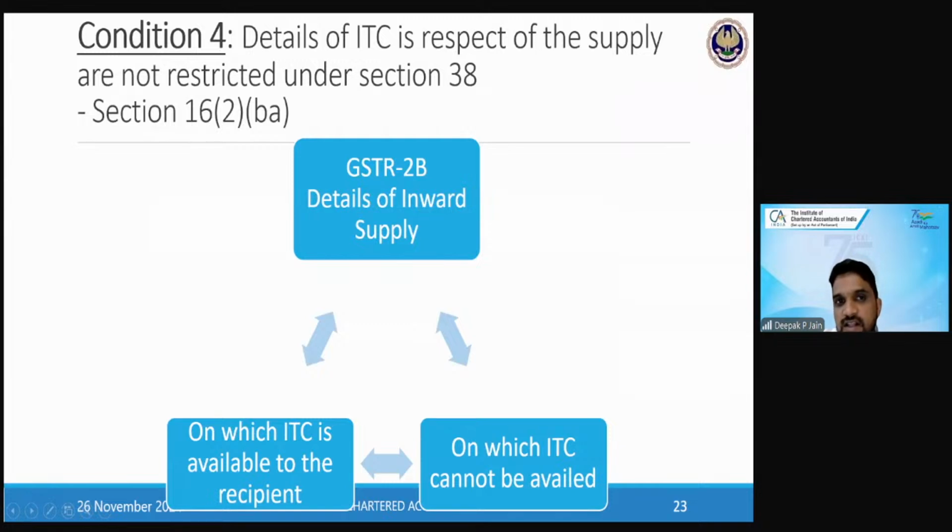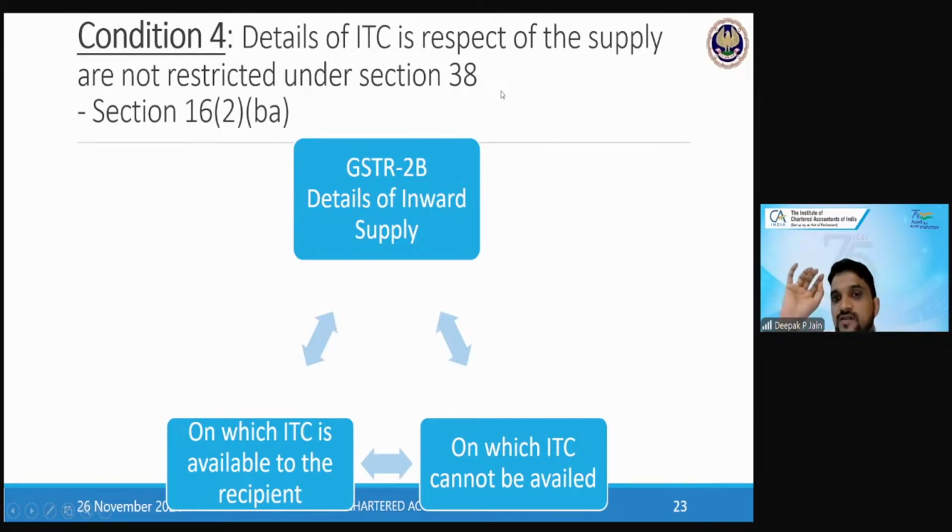Then this is the 16(2)(b) condition. Next, 16(2)(ba). Again, there's an amendment in this. It says that details of ITC in respect of the supply are not restricted under Section 38.